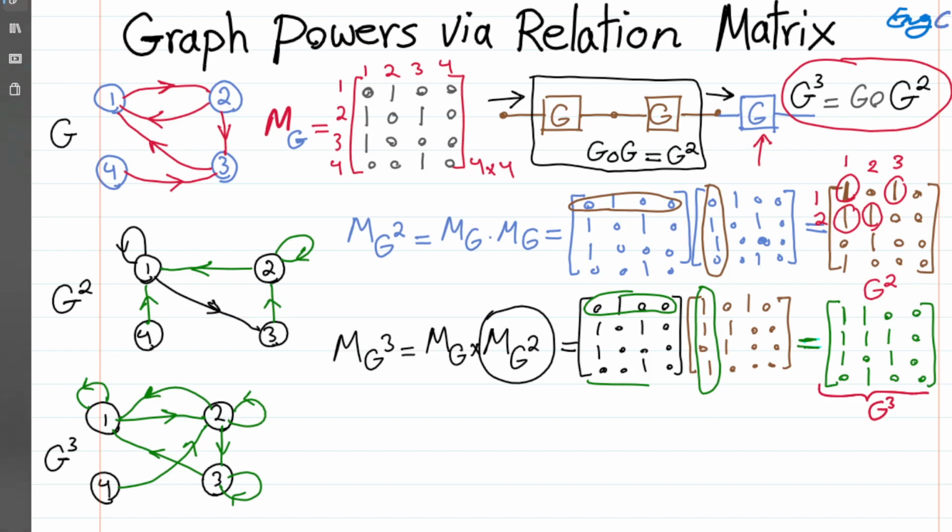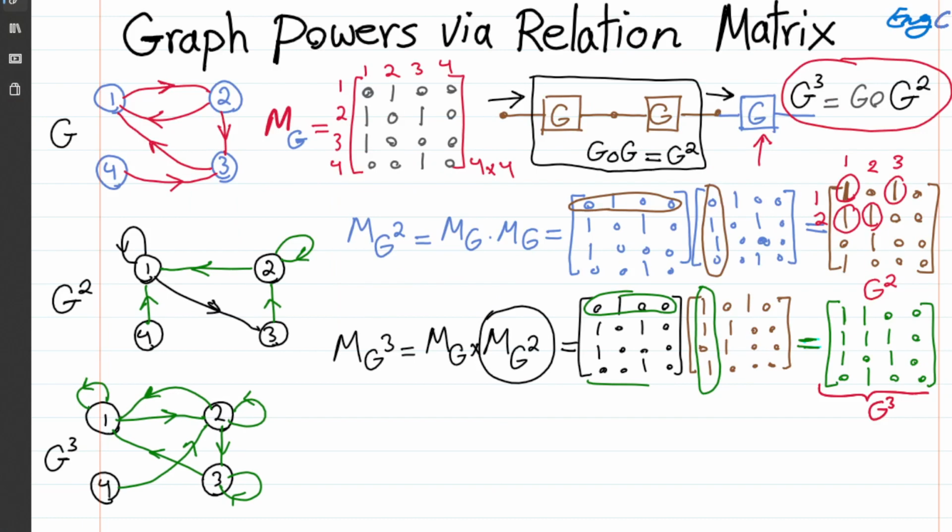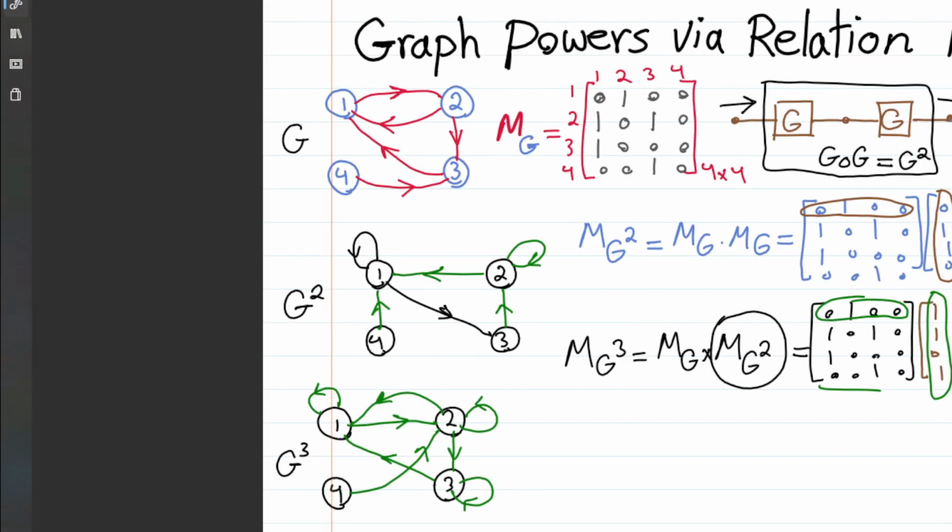Now, you can extend this if you also want to represent G to the power 4. For G to the power 4, the best thing we can do is repeat the process as shown here. So what I can show you right now is this.